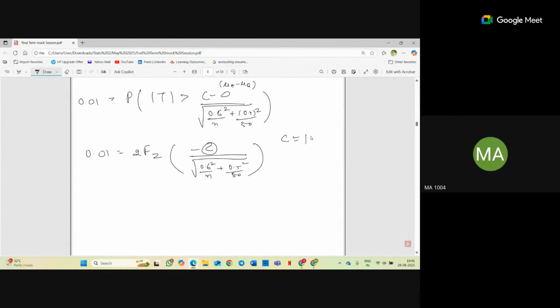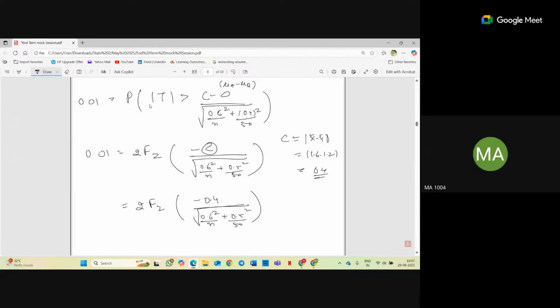So c would be x bar minus y bar, the difference of the sample means, 1.6 minus 1.2, which is basically 0.4. So this will be 2 Fz of minus 0.4 divided by root of 0.6 square divided by n plus 0.5 square divided by 50.